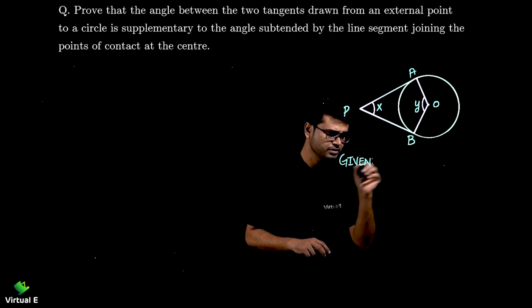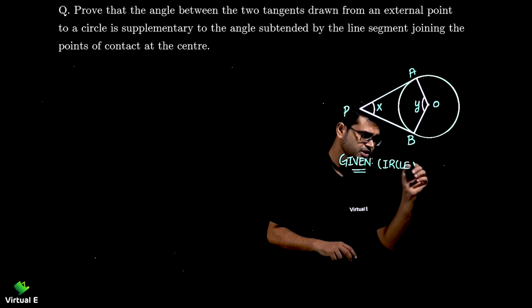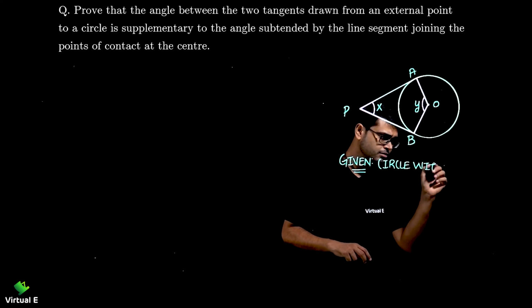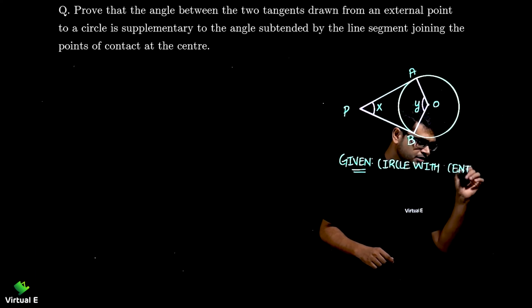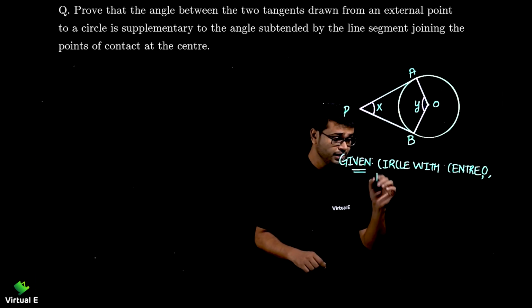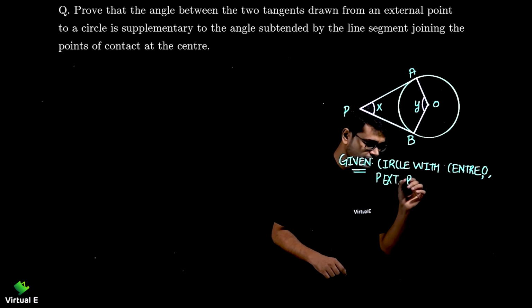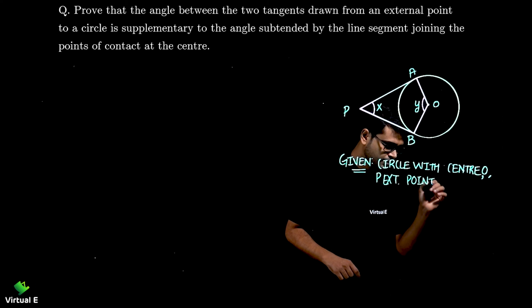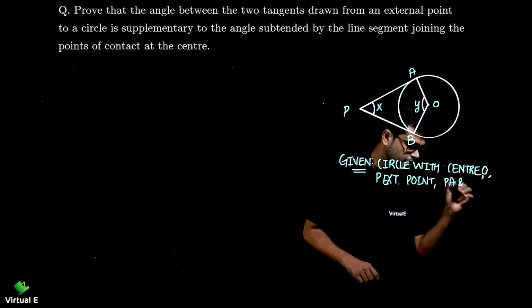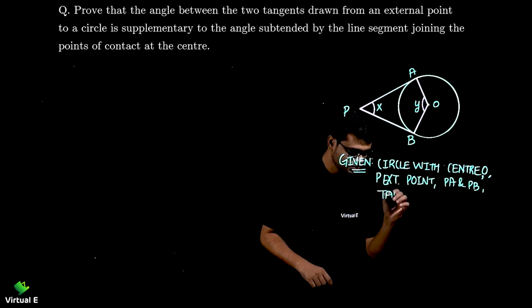What is given? Circle with center O. P is the external point. Then PA and PB are tangents.